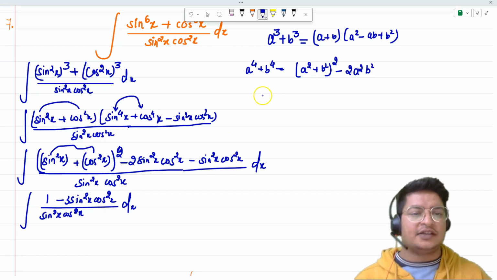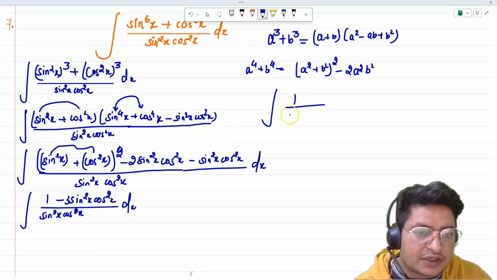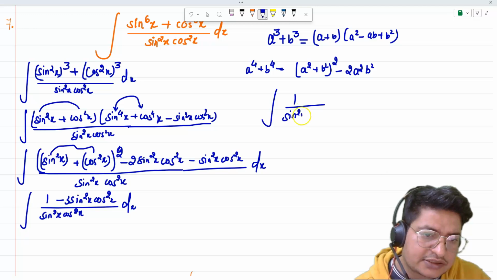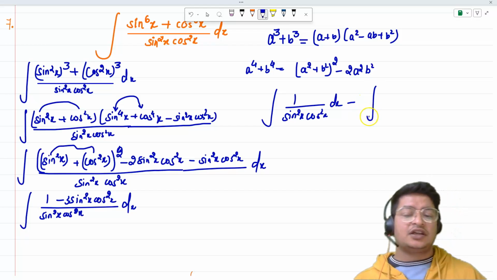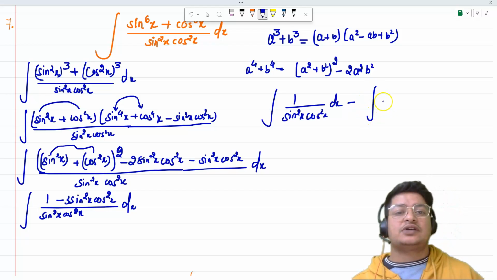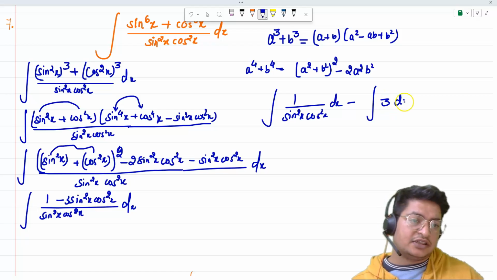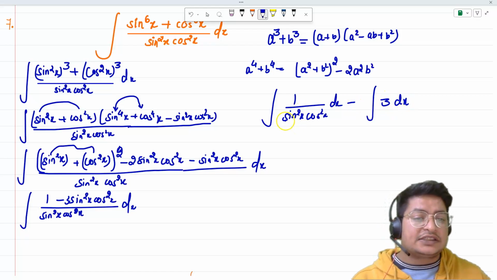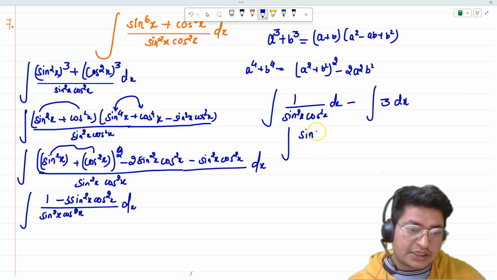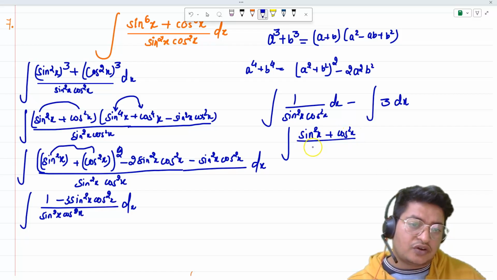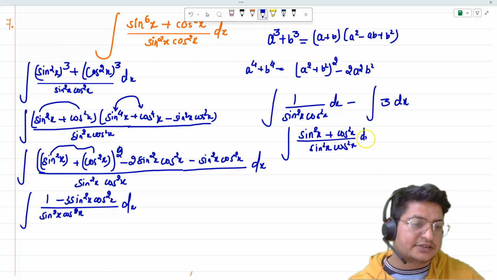Now we can separate: 1 over sin^2 x cos^2 x dx minus 3 sin^2 x cos^2 x over sin^2 x cos^2 x, which is 3. Now we can write this 1 as sin^2 x + cos^2 x over sin^2 x cos^2 x dx.